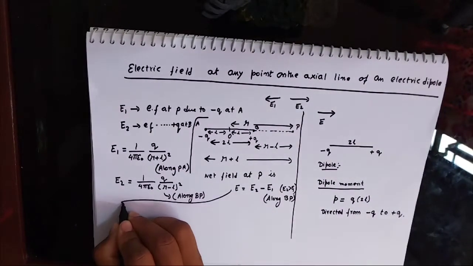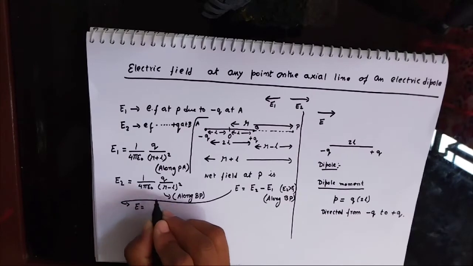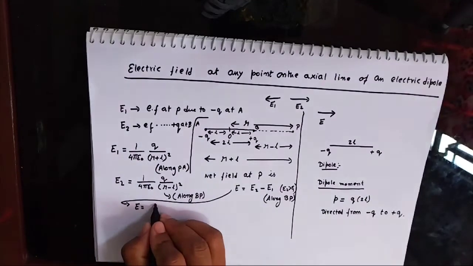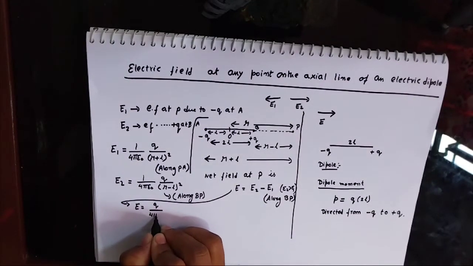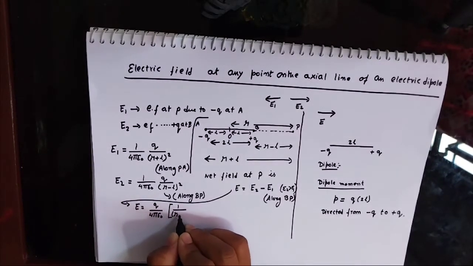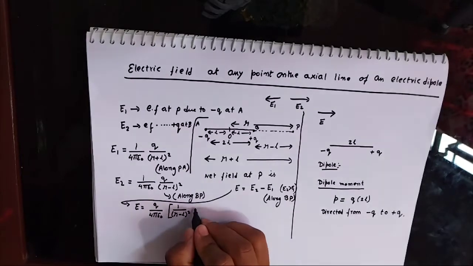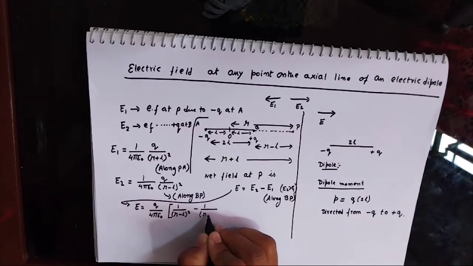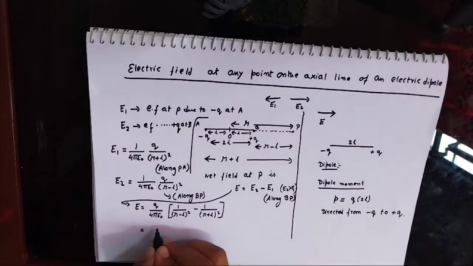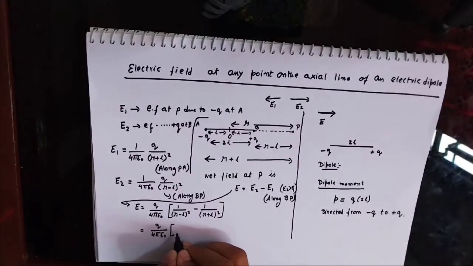So from here, we can write E is equal to, instead of E2, I'll substitute this, instead of E1, I'll substitute this. I can take common Q by 4 pi epsilon naught. Then 1 by (R minus L) whole square minus 1 by (R plus L) whole square. So on solving this, we will have 1 by 4 pi epsilon naught. Then the LCM here will be (R square minus L square) whole square.